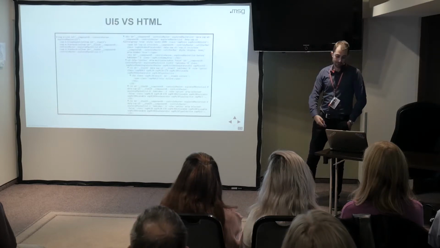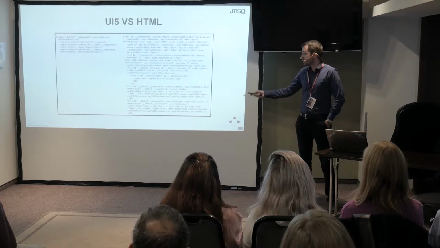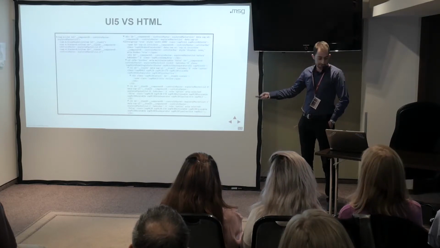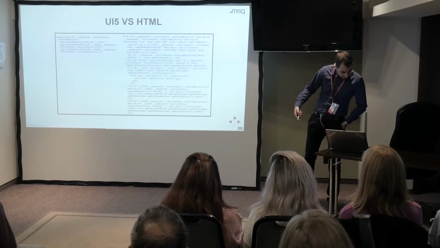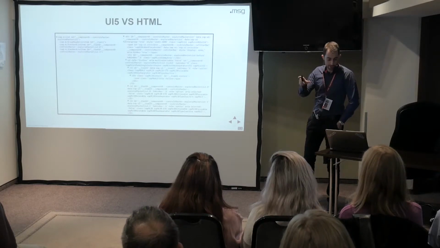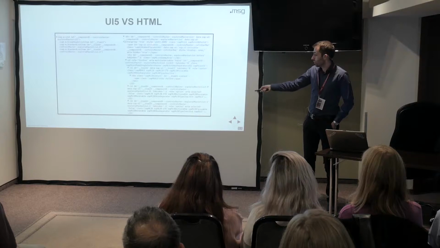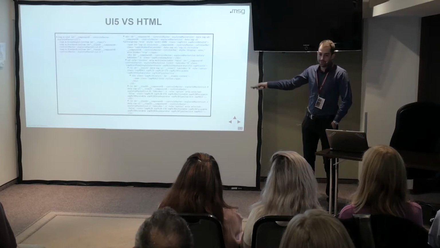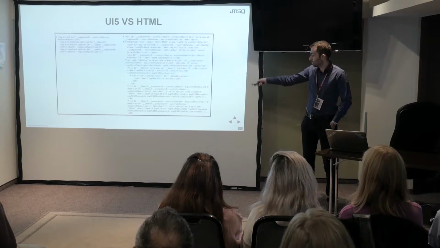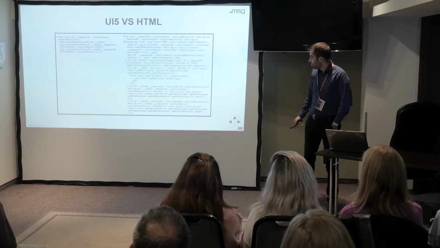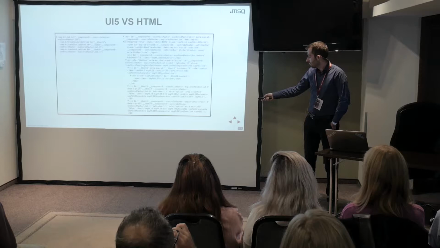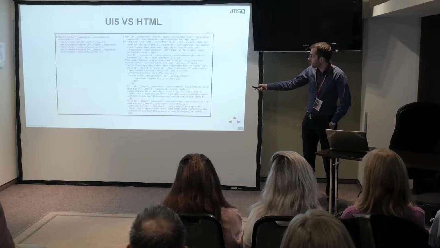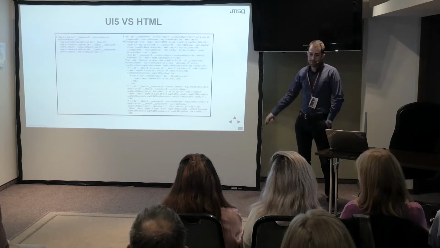Okay? So just as an example, this is the UI5 representation of something. It's a list with 2 items and a group item, and this is what is generated, right? So we, as developers, write this stuff, and then behind the scenes, all this is generated. Actually, I think I only included 1 item. So this item is all of this, basically.